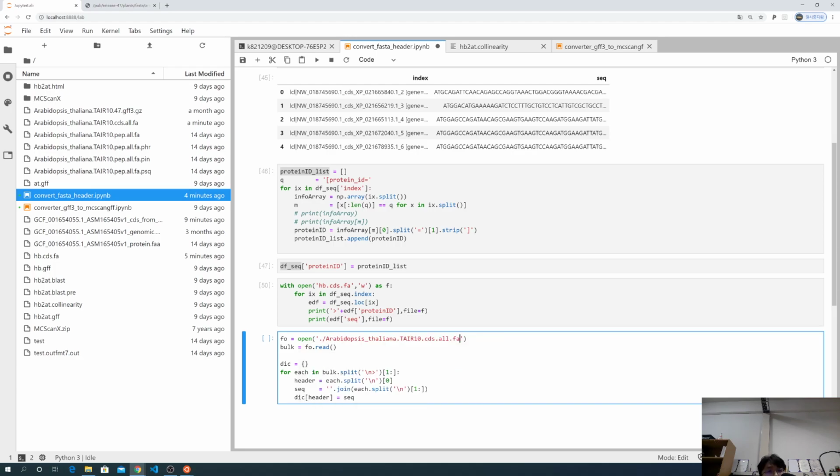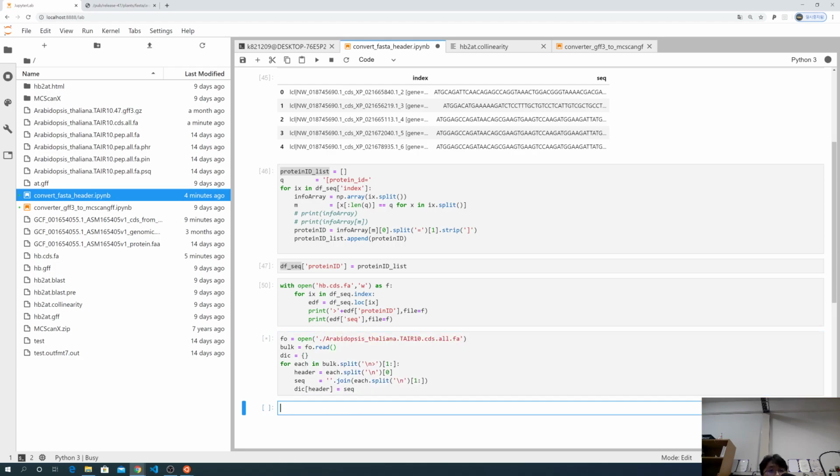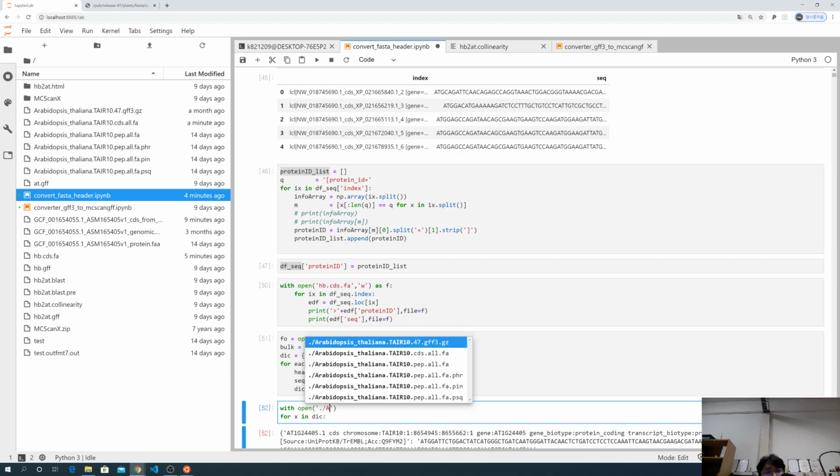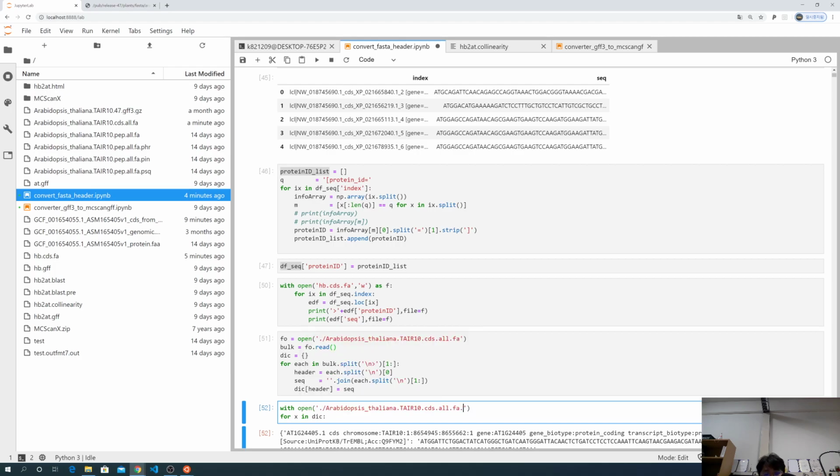Arabidopsis CDS and dictionary. Okay. So for x in, with open Arabidopsis CDS short FASTA.